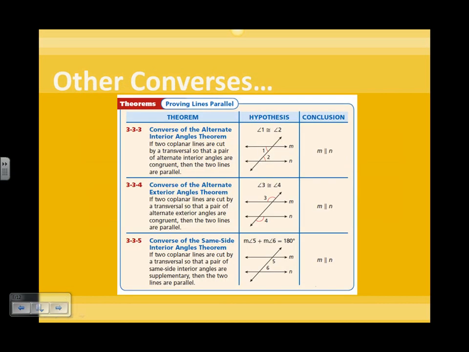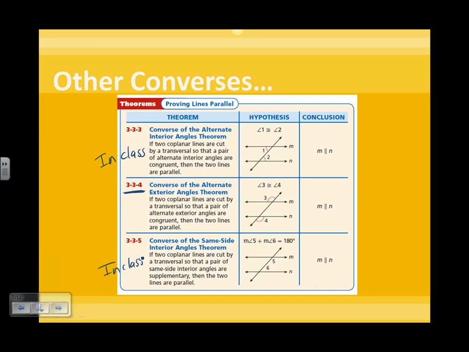Just as you might have suspected, yesterday we had the alternate interior angles theorem, the alternate exterior angles theorem, and the same side interior angles theorem. To go along with those, we have the converses of all three. We're going to prove this one right now on the next slide, and then we'll prove these two in class.